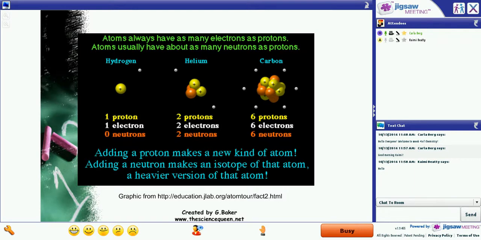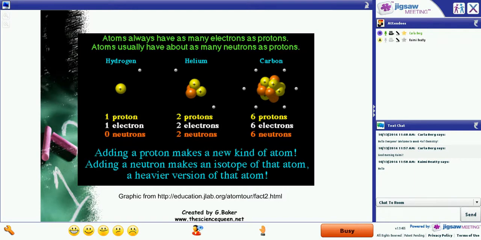So if we look at hydrogen, it has 1 proton, the yellow, 1 electron floating on the valence shell on the outside, and it has 0 neutrons. Helium has 2 protons, 2 electrons, and 2 neutrons. And carbon has 6 protons, 6 electrons, and 6 neutrons.